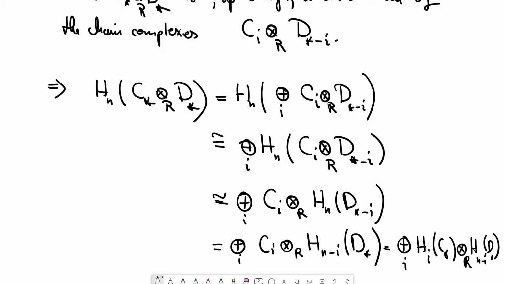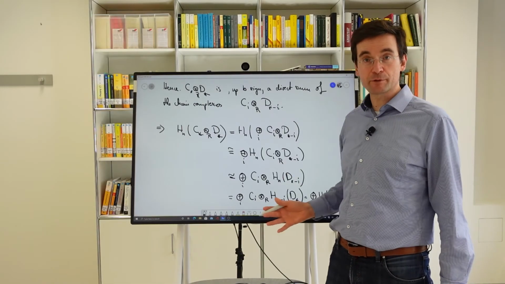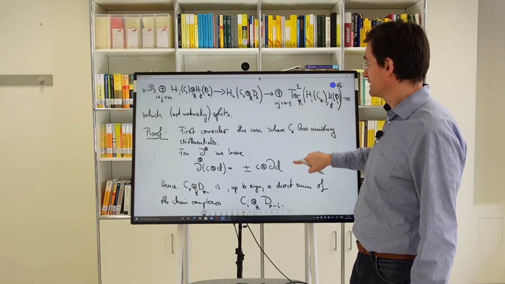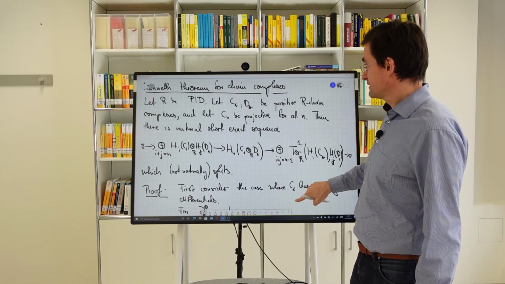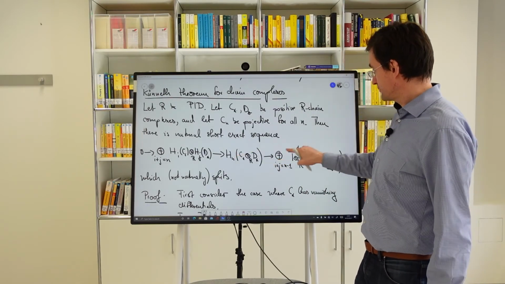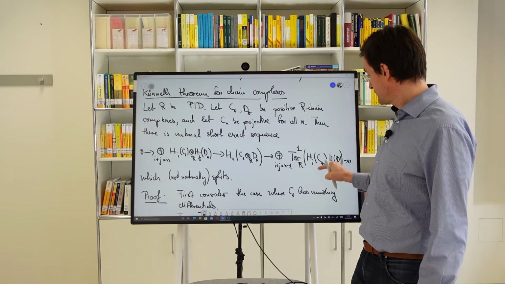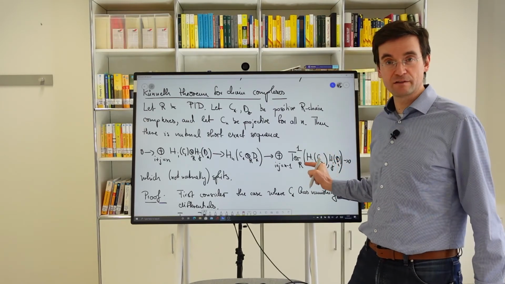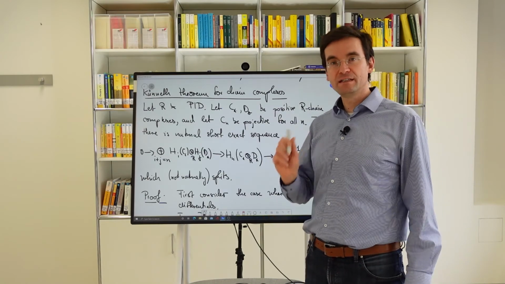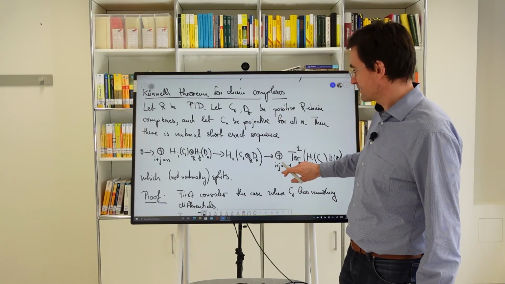Namely, the homology of the tensor chain complex is given by the sum over the tensor products of the homology. If you look at the statement, this was the statement, except that we had on the right a Tor term, but that Tor term vanishes because here you just have C star and these are projective modules. So it's exactly what we want to prove in the case where C star has vanishing differentials.